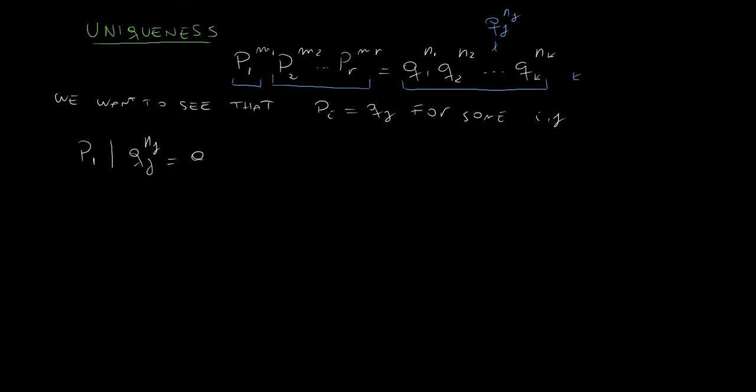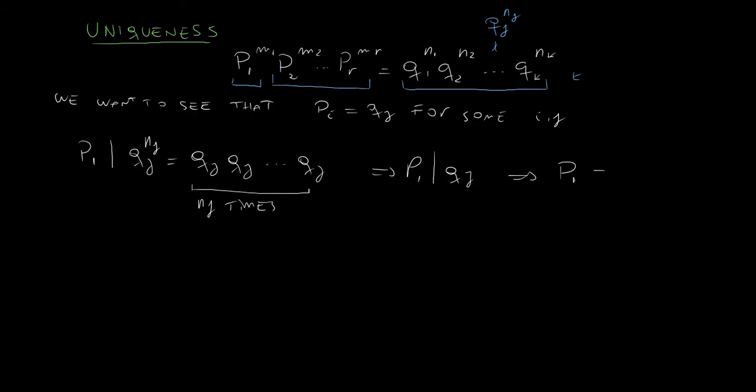And now we can write this as qj times qj and so on, nj times. And again we have that p1 divides a product, and as p1 is prime, it must divide one of these elements, and they're all the same, so p1 divides qj. But both p1 and qj are primes. Then p1 is equal to qj. And from here what we get is that m1 is equal to nj.